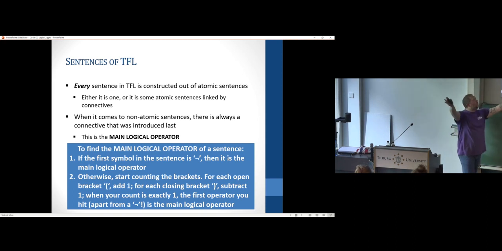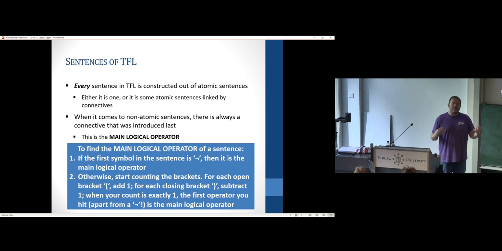So no matter how complex a sentence of TFL is, it must have at least one atomic part. The other big notion here is the notion of a main logical operator. The main logical operator, effectively, is the last operator we built the sentence with. It's the highest level connective.